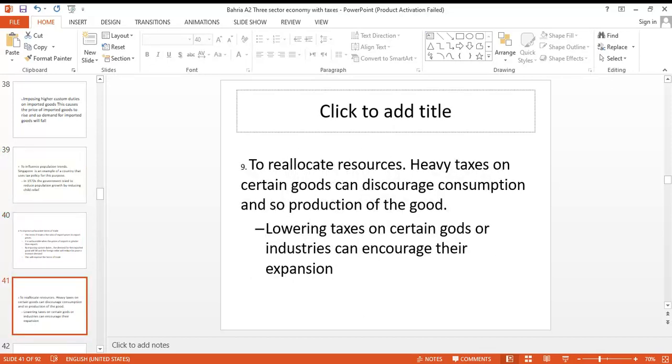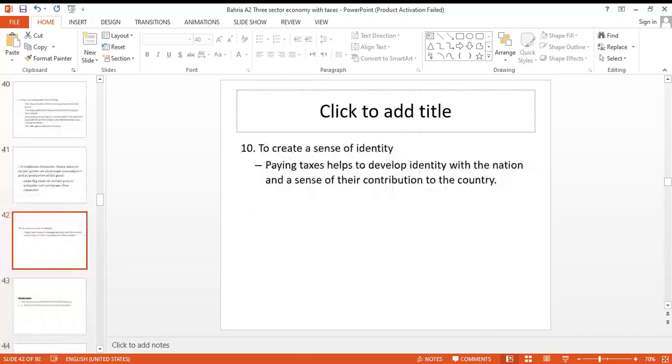Okay. It reallocates resources. Lower tax on certain goods means, now do bring into mind your knowledge of supply. When the goods are taxed more, what happens? Supply decreases. So what happens?